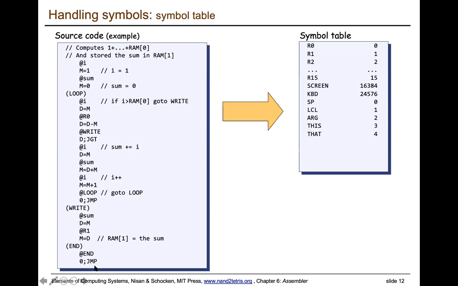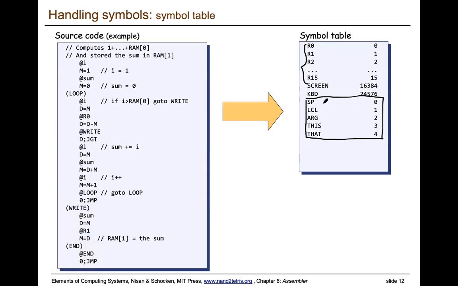This is also a predefined symbol. Let me use the pen. These five, from 0 to 4, are for virtual machine usage, and they overlap with the 16 registers.